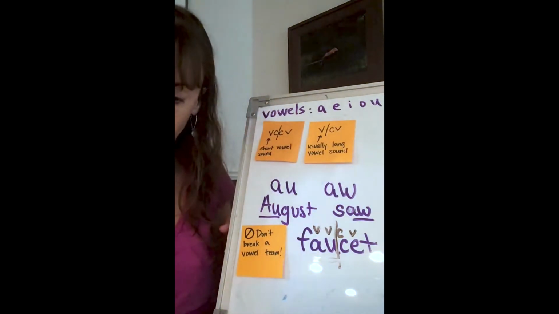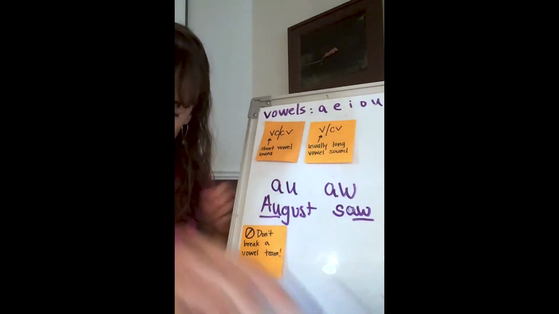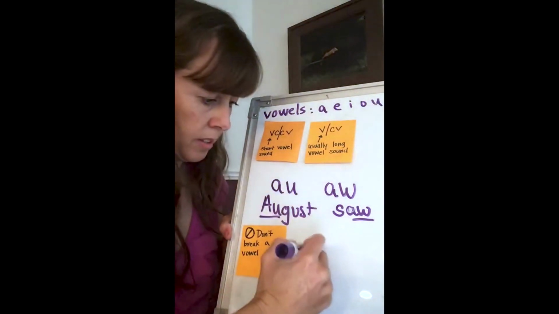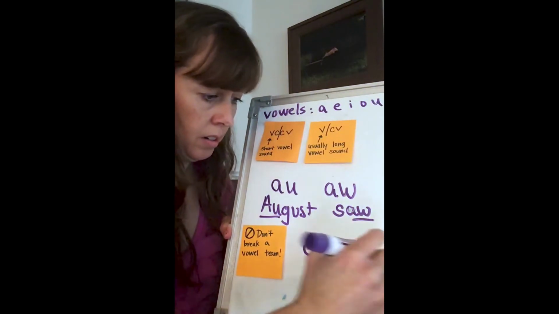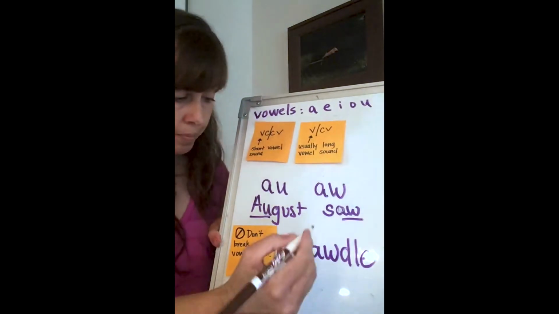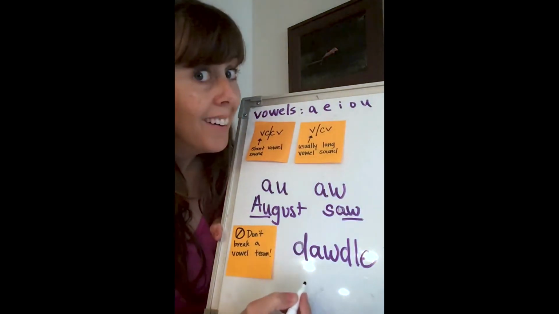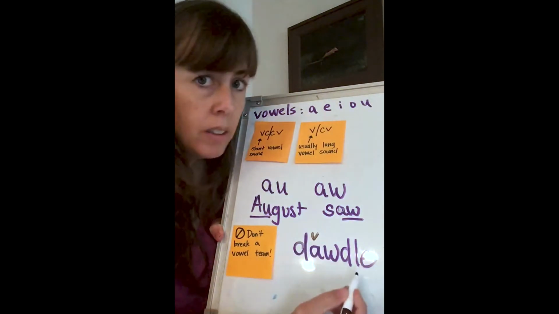Yes, we were successful. Let's try one more. Here's a word. Oh yeah, this is a good one. Okay, let's start labeling it. First vowel. What is it? Yep. Next vowel?